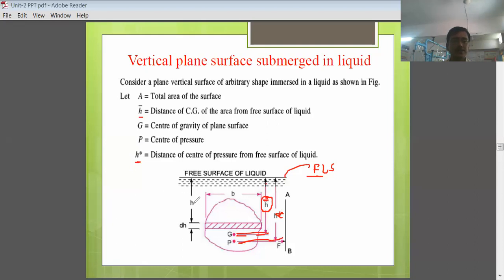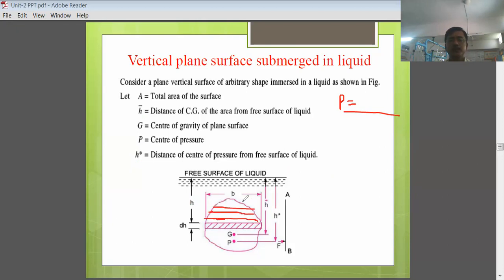Then what is H? Now here, to derive this equation to find out the total pressure force acting on the vertical plane surface, what we are doing is dividing the entire surface of this plane into small horizontal strips.